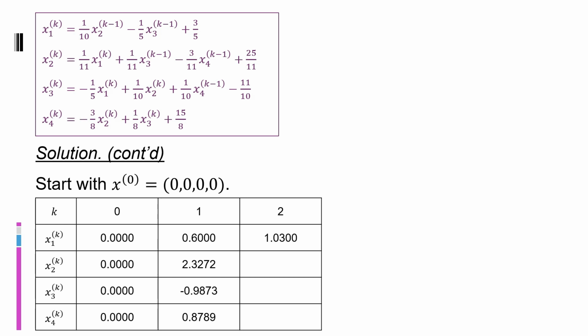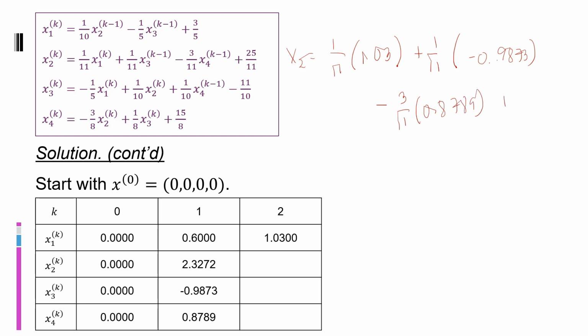For x sub 2, we have 1/11 times 1.03 plus 1/11 times negative 0.9873 minus 3/11 times 0.8789 plus 25 over 11. And that is equal to 2.0370.